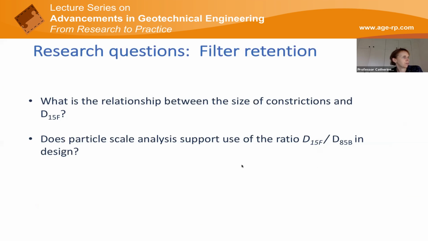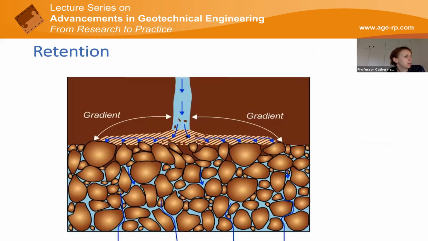So what we wanted to do was try to get a more fundamental explanation as to why that design rule might actually make sense by looking at what's going on at the particle size. So here are some cartoons just to illustrate what's going on with retention. We have our base material. You've seen this picture before.